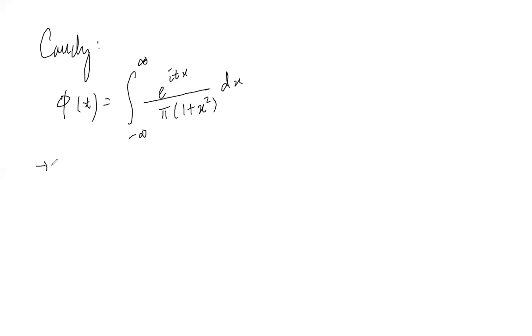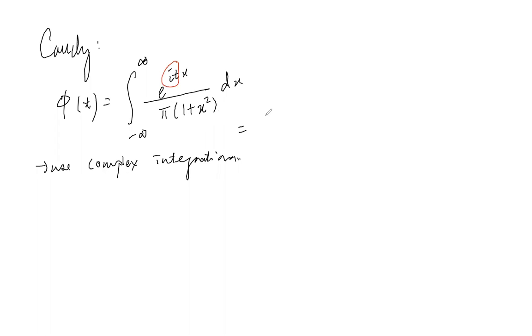You have to use complex integration, and complex integration is not covered. You cannot pretend that this is a constant and get it. This one you have to do in the complex plane, and this is actually a kind of limiting case in the complex integration.